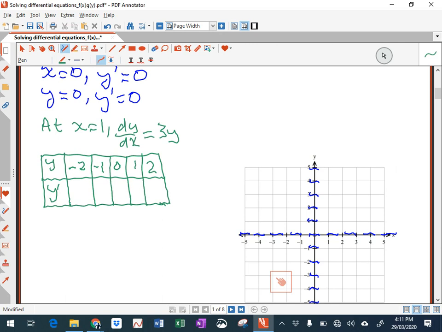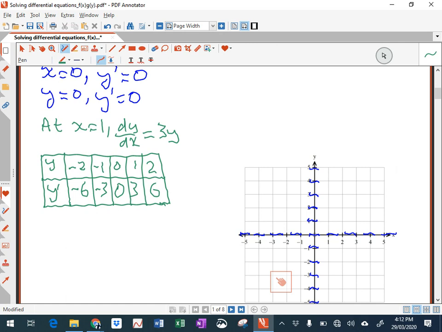If we sub y equals -2 into our derivative, dy dx equals 3y, you're going to get -6. If you sub in -1 into 3y, you're going to get -3. If you put in y equals 0, you're going to get 0, as we know. And if you put y equals 1 into dy dx, you're going to get 3, and then obviously 6.